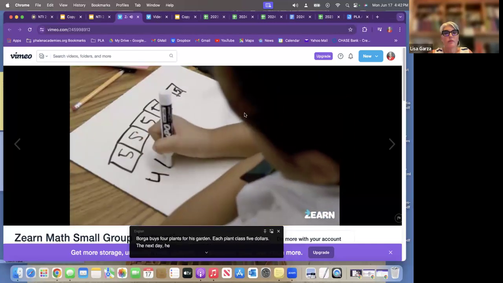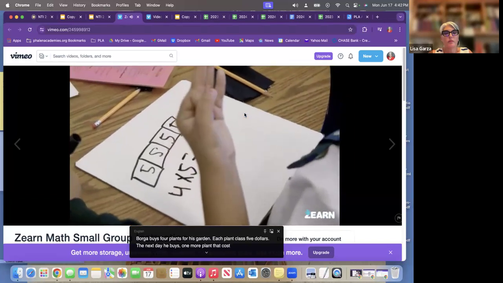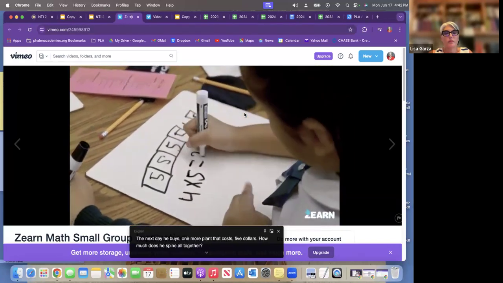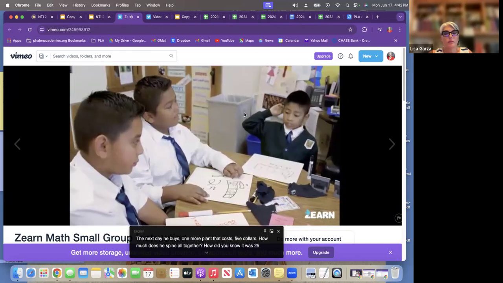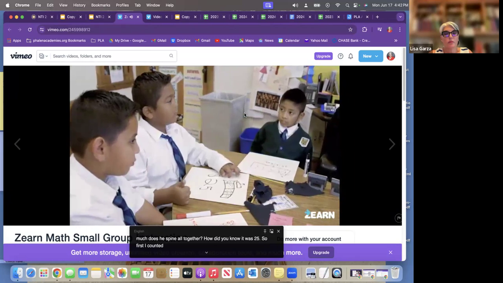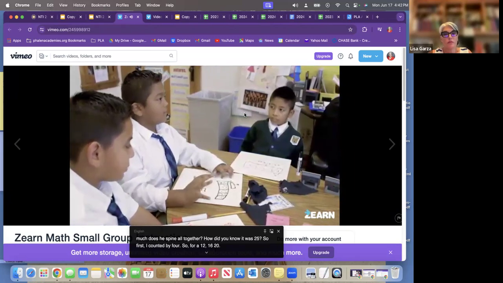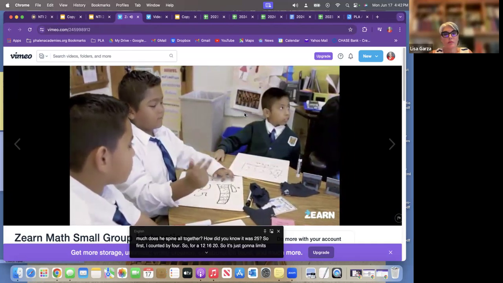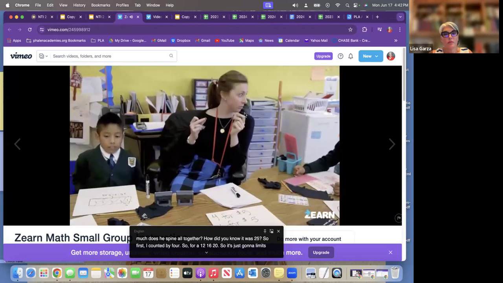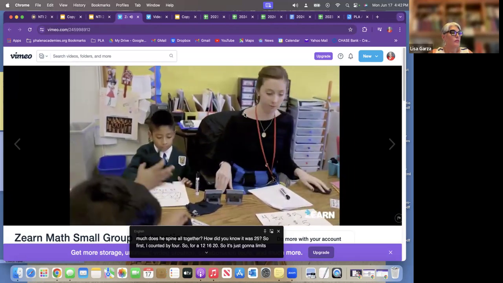The next day he buys 1 more plant. Awesome. How much does he spend on it? How did you know it was coming? So first I counted by 4, so 4, 8, 12, 16, 20. So it's just gonna be 20, but if I count by 5, then maybe 25, so 5, 10, 15, 20, 25. That was our first time doing this 2-step. Raise your voice, we're gonna do it.